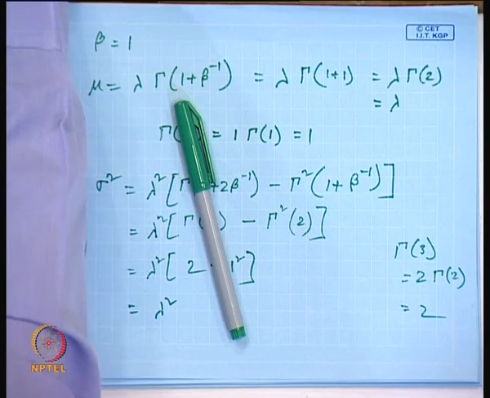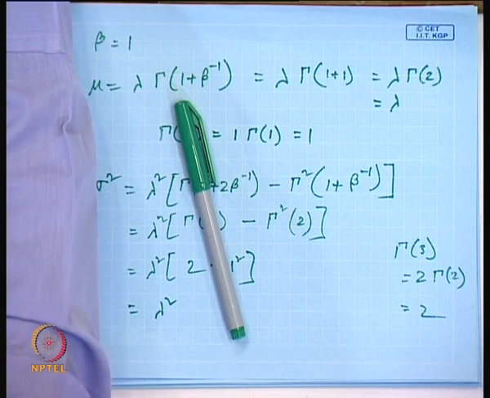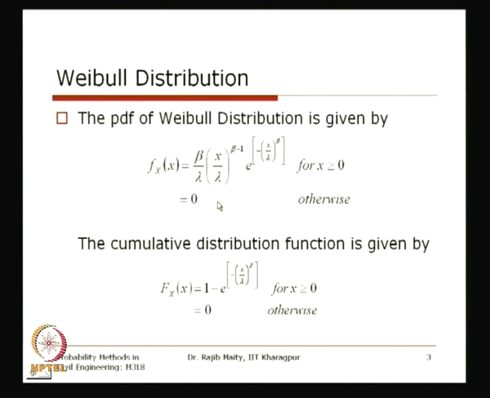If we go back to the Weibull PDF and put beta equals to 1, then it is 1 by lambda, and this is e power minus x by lambda for x greater than 0, and otherwise it is 0, which is nothing but exactly the same as the exponential distribution.